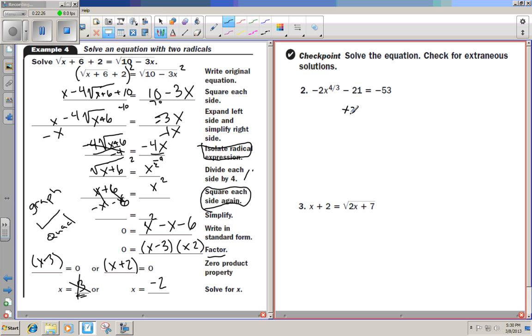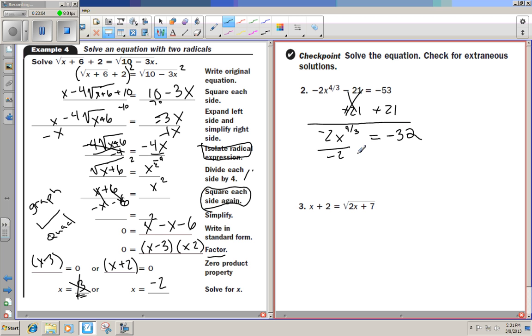Here, add 21 to both sides. Cancels out here. You have a negative 2 x to the 4/3 equals, let's see here, adding there, it's going to be negative 32.